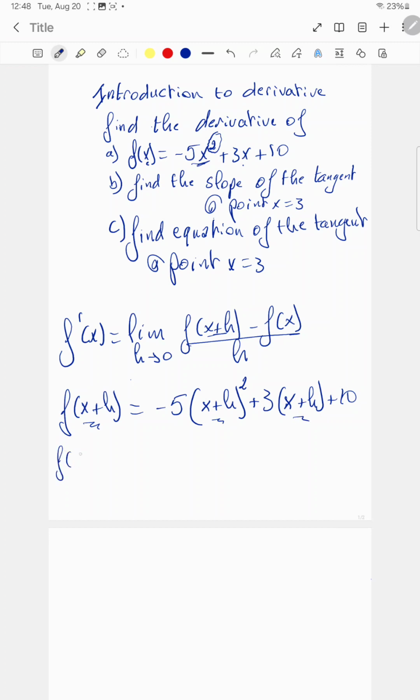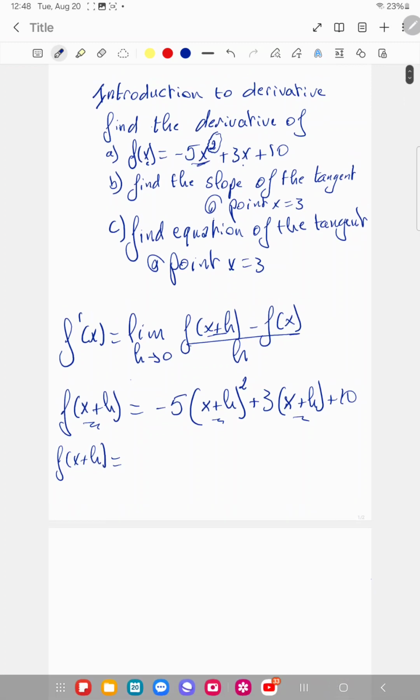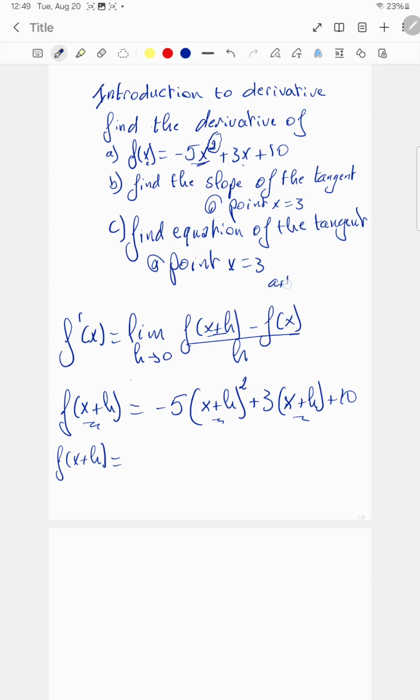So my f of x plus h is equal to, and here I realize x plus h squared resembles a plus b squared. You studied that in previous years, which is equal to a squared plus 2ab plus b squared.